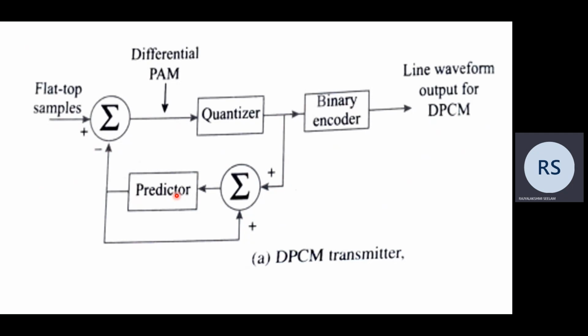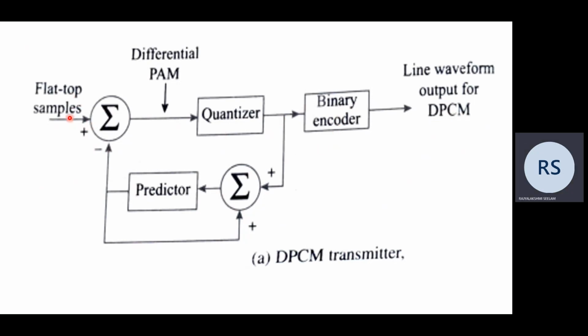The input to the predictor comes from the output of the quantizer. We send the output of the quantizer to the binary encoder, so that finally we obtain the line waveform output for the DPCM. Like this we transmit.